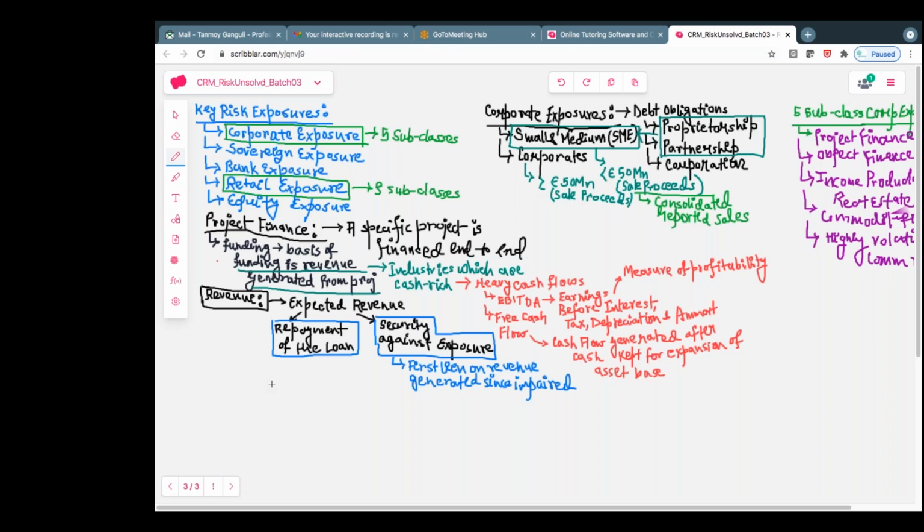So the question that comes out over here is: what are the key types of projects that we look at?